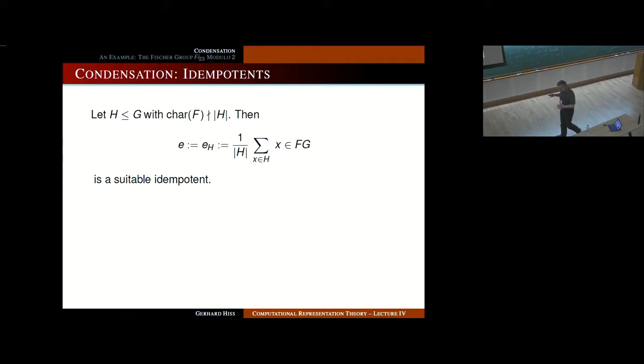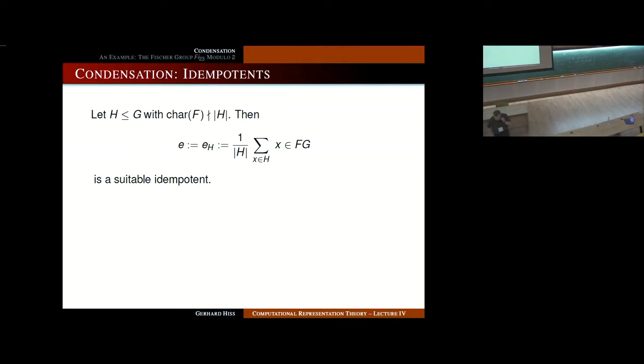You see, it is one thing to write down an idempotent, but on the other hand, we have to make use of it in the sense that we have to be able to compute the action of certain elements of this condensed algebra on certain elements of this module.